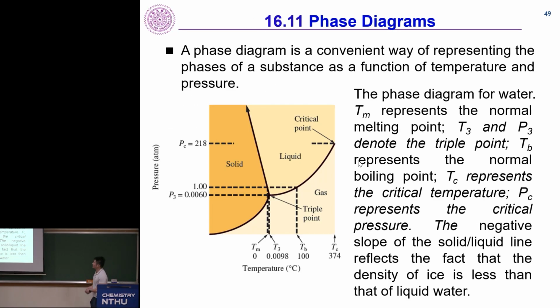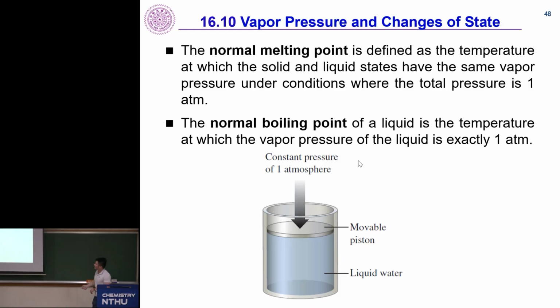Alright, with that, we can combine all the knowledge we learned into a whole diagram. This diagram has two different independent variables. One is temperature, which we can change to change the phase. Another is pressure, which we can also change to change the phase. Remember, I purposely talked about the total pressure being 1 atm.